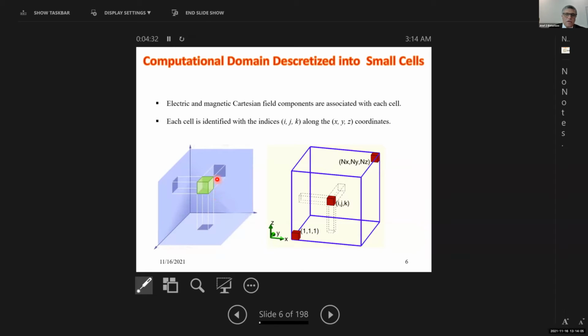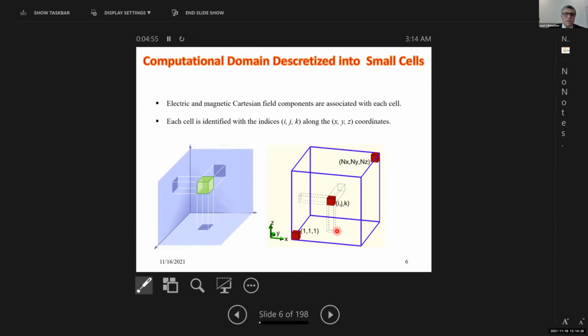Any kind of cell in the domain, I'm going to give it the indices IJK, and the entire domain is going to start with cell 1, 1, 1, and end with cell NX, NY, NZ. So imagine that I have 100 cells in the X direction, 100 cells in the Y direction, and 100 cells in the Z direction.